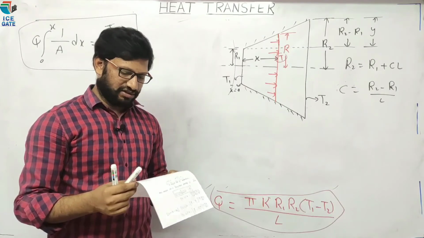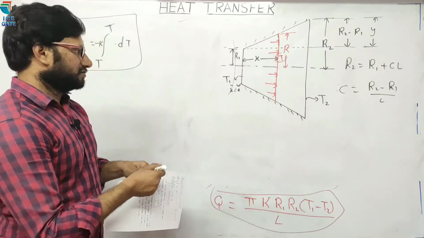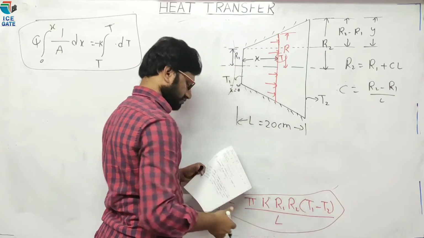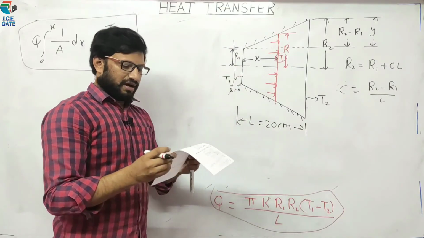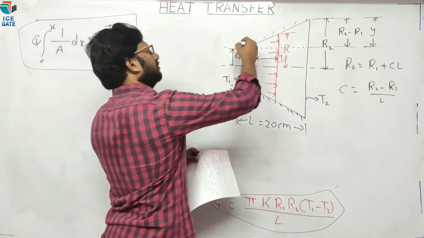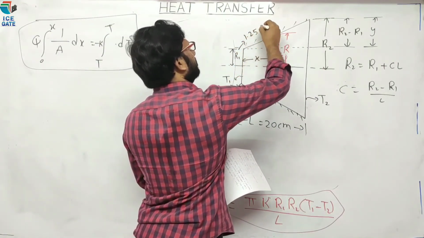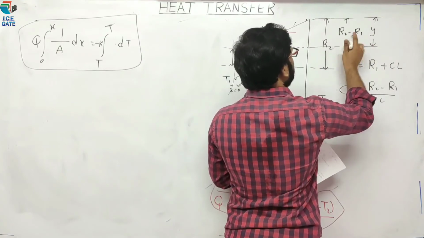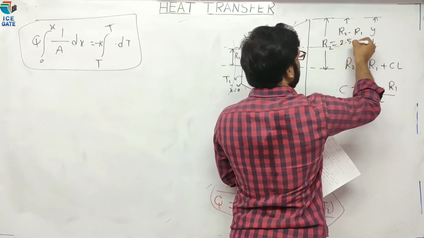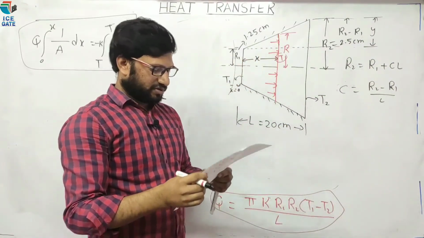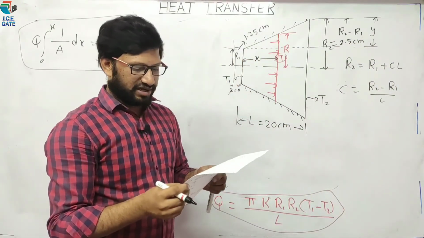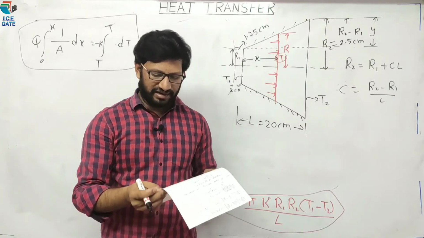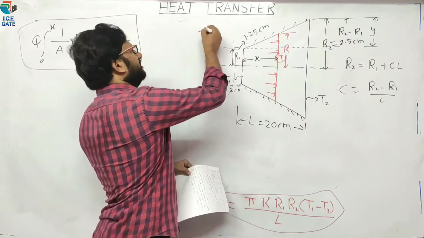A conical cylinder of length 20 centimeter, the radius R1 is 1.25 centimeter and R2 is 2.5 centimeter, where R2 is greater than R1, is fully insulated on outer surfaces, that is the lateral surface, and two ends are maintained at temperatures T1 and T2, where T1 is greater than T2.